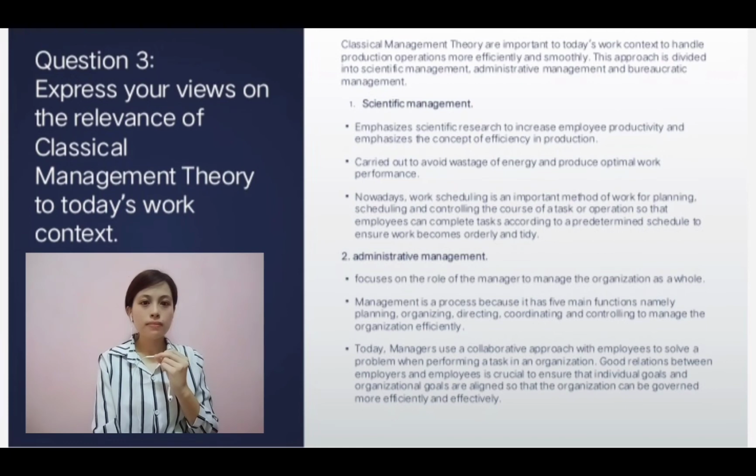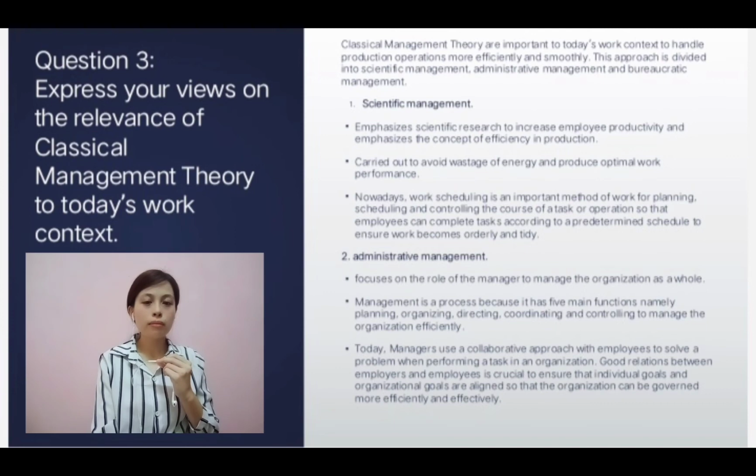Besides, administrative management focuses on the role of the manager to manage the organization as a whole. Management is a process because it has 5 main functions, namely planning, organizing, directing, coordinating, and controlling to manage the organization efficiently.